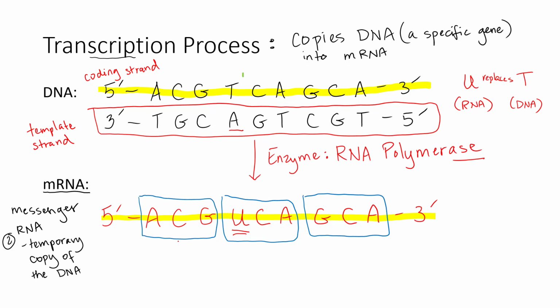Okay, so every 3 letters, there's a term for this. Every 3 letters of the mRNA is referred to as a codon. So that's a codon, that's a codon, and that's a codon. So we have 3 codons here. Remember, it's every 3 letters.